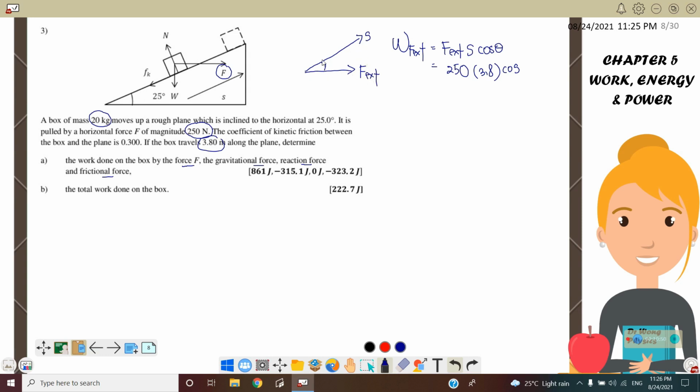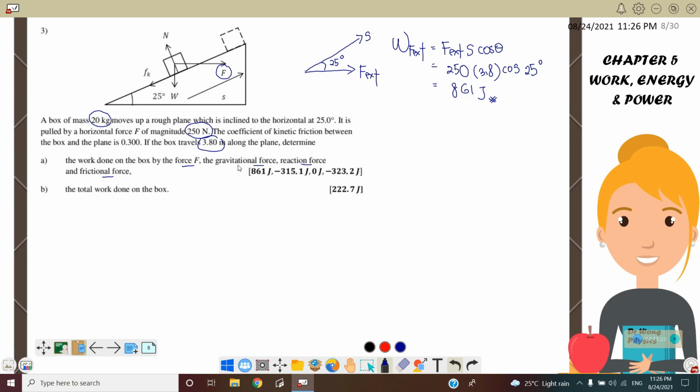Force is horizontal and S is along the inclined plane, so the angle between them is 25 degree. Because S is along the inclined plane, and the external force is to the right. So please draw out the force and the displacement, then find the angle between them. If you press the calculator, we will get 861 joule. So this is number one.